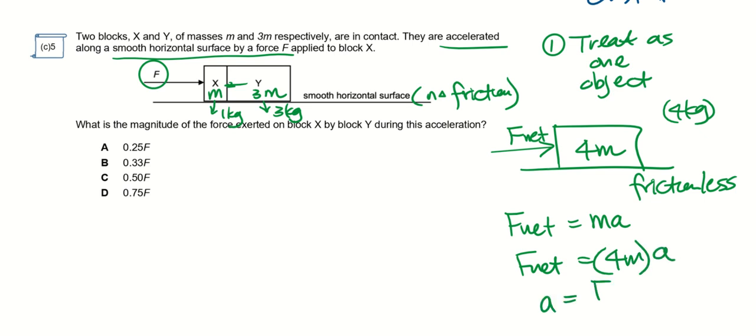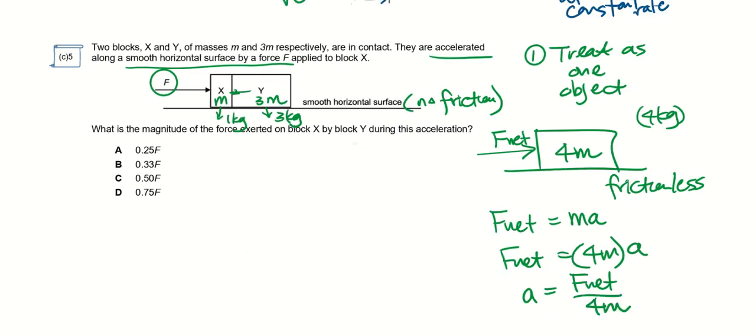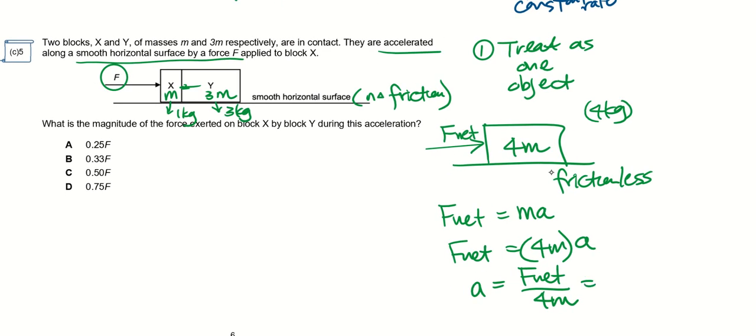So acceleration equals Fnet over 4m. Maybe I call this Fnet as F, because this is the only force in the horizontal direction. So I hope you get this part. The acceleration of this whole object of mass 4m is F over 4m. So this acceleration will be applied to both X and Y, right?